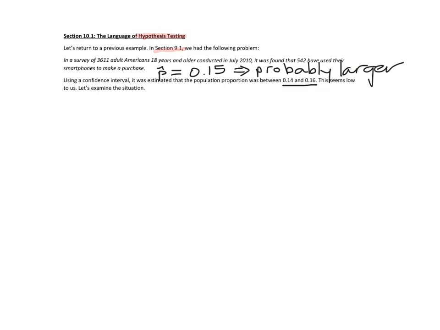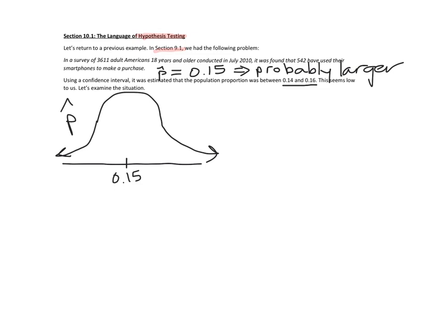Okay, so using our p-hat of 0.15, we can make a sampling distribution of the sample proportion. And we can just say 0.15 for now. So this is what our finding was. But we think that it's not true. So let's say we go in here and we look at a different sample and we get a new p-hat, and because we think this is wrong because it's probably larger, our new sample is going to reflect that.